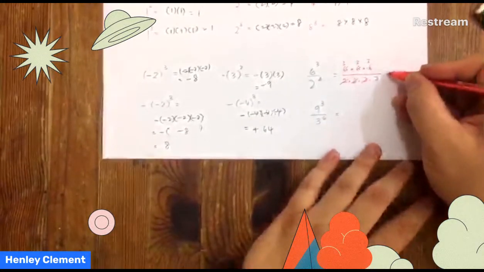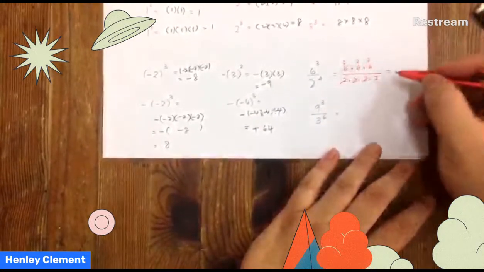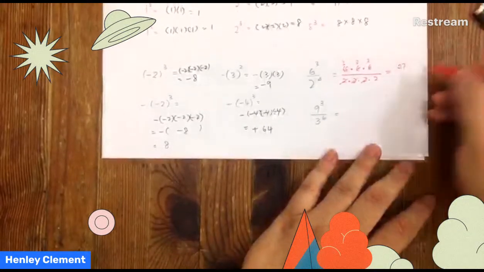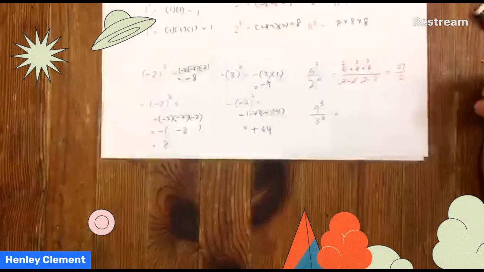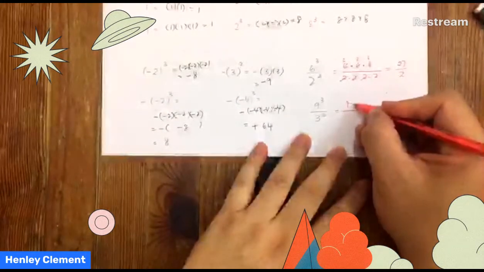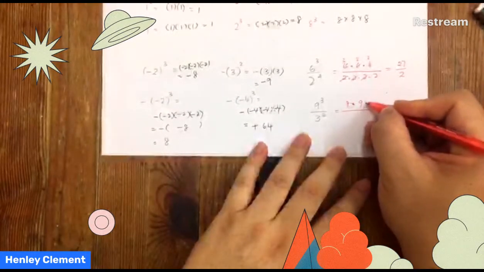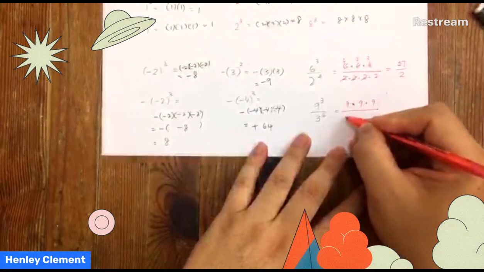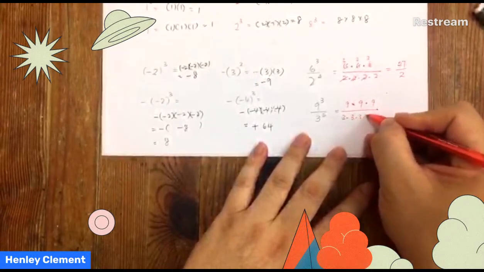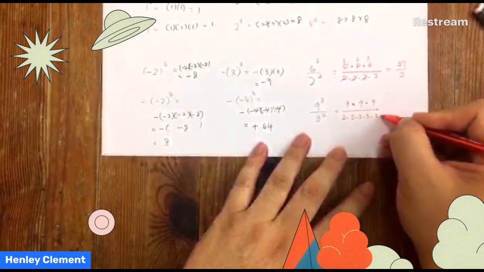So your answer will be 3 times 3 times 3, which will get you 27 over 2. Same thing we will do for this one: 9 times 9 times 9. This one we have 3 times 3 times 3 times 3 times 3 times 3.